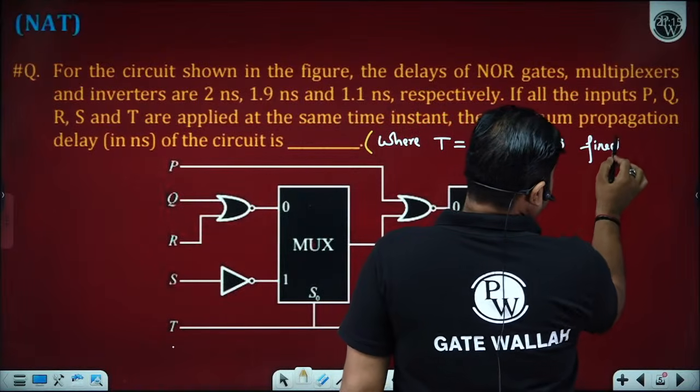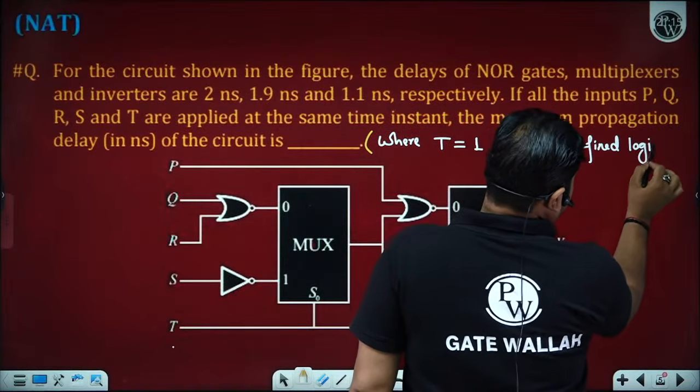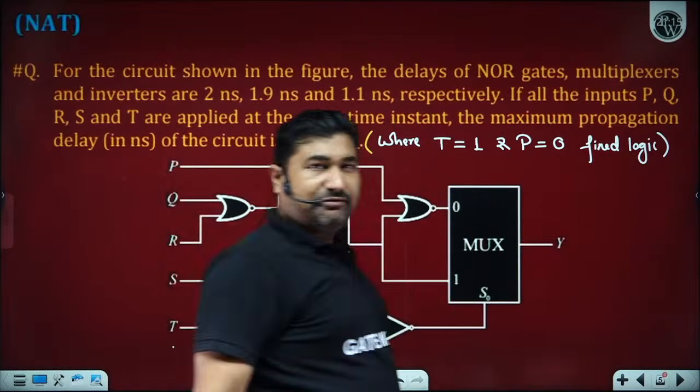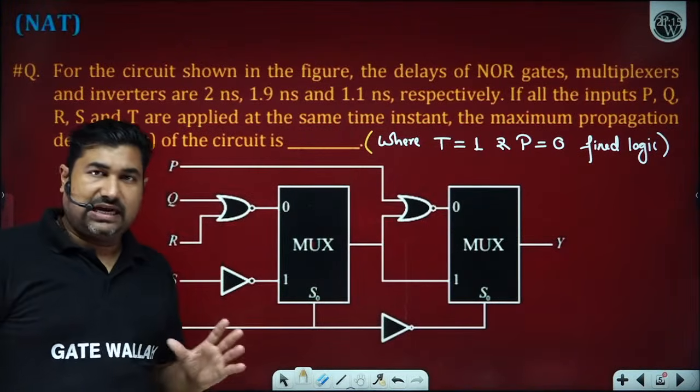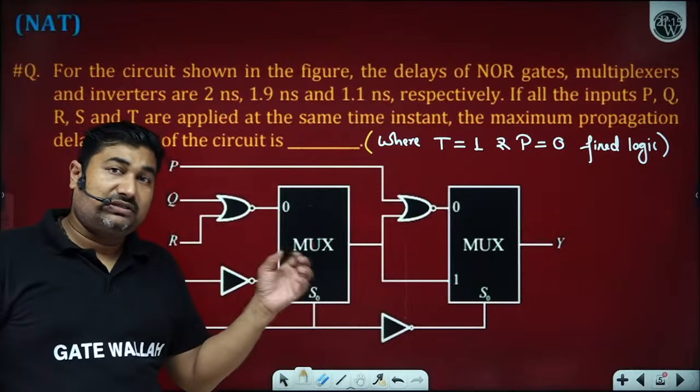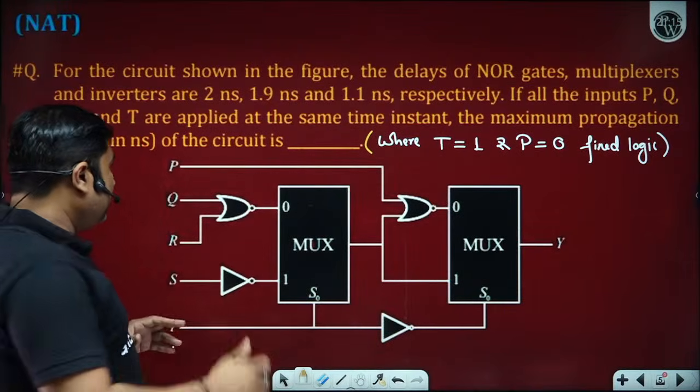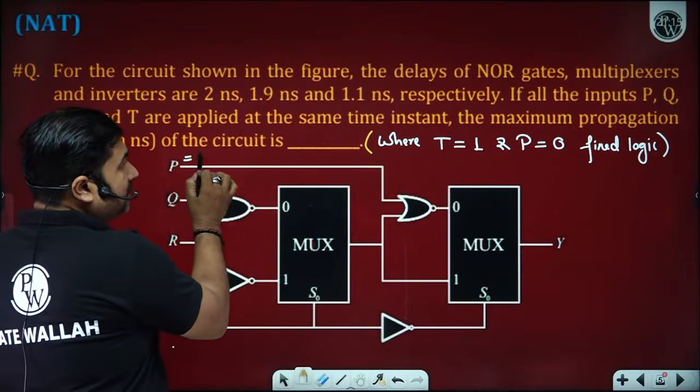Fixed logic. So if P equals 0 is fixed and T equals 1 is fixed, what is the maximum delay now?